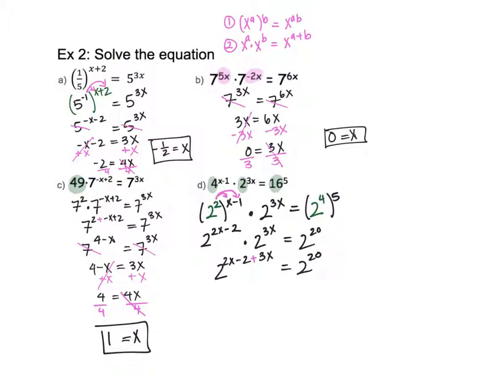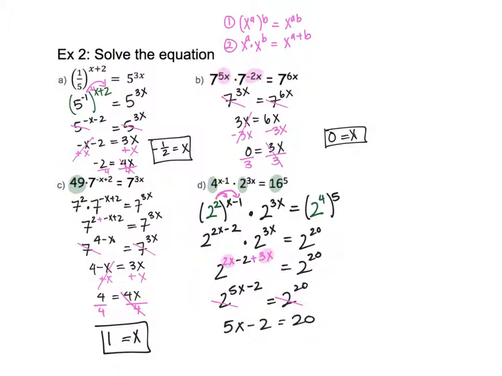So if I add the exponents here, if I combine like terms, you'll notice that the 2x and the 3x will combine nicely, right? So that would make it 2 to the 5x minus 2 drops down equals 2 to the 20th. So the 2's cancel because the bases are the same on both sides. So I really just have 5x minus 2 equals 20.